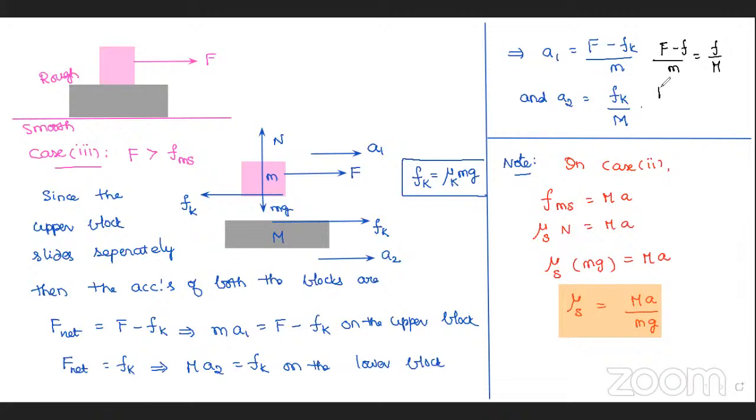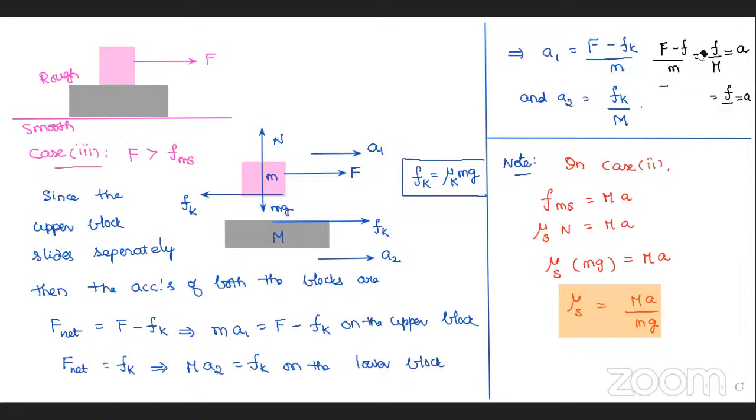That implies, shall I write here, what common acceleration, no? Both are equal, is equal to A. That implies what you require, acceleration. So here F by M minus F by small m is equal to F by capital M. If I write like this, I think you may confuse here.